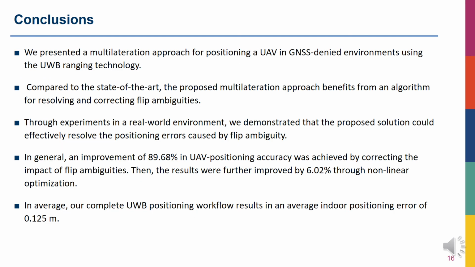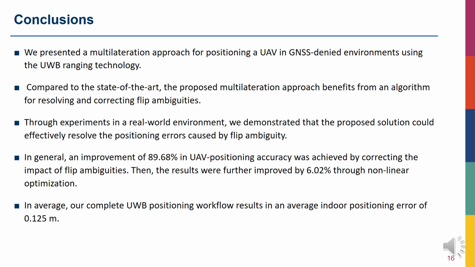Here's our conclusion. We present a multilateration approach for positioning UAVs in GNSS-denied environments. Compared to the state of the art, the proposed multilateration approach benefits from an algorithm for resolving and correcting flip ambiguities. Through experiments in a real-world environment, we demonstrate that the proposed solution could effectively resolve the positioning errors caused by flip ambiguity.